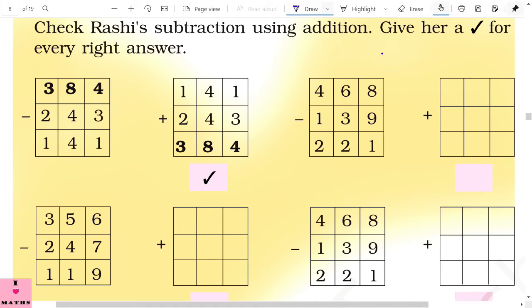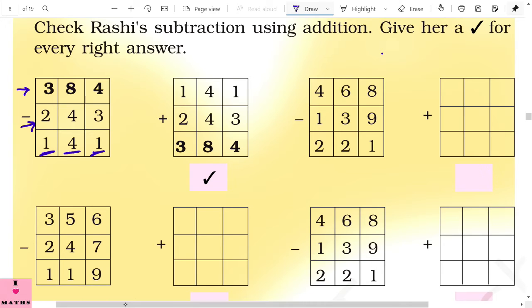Okay. Now children, we have subtracted 243 from 384. 4 minus 3 is 1. 8 minus 4 is 4. 3 minus 2 is 1.